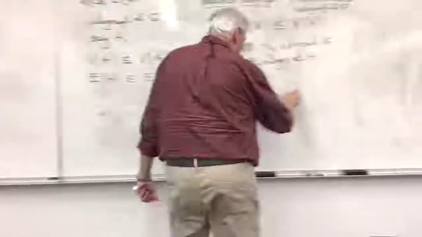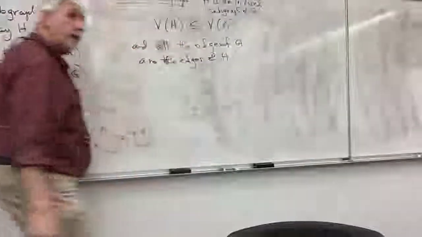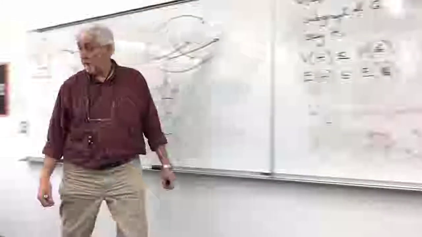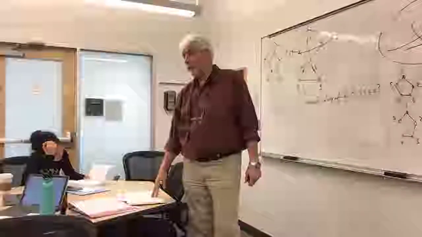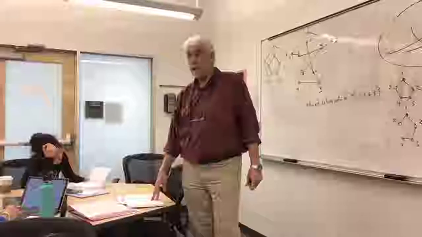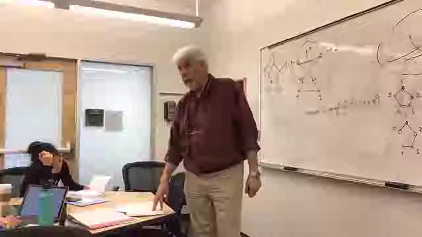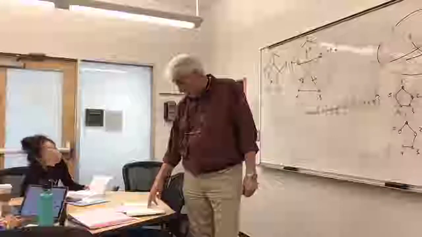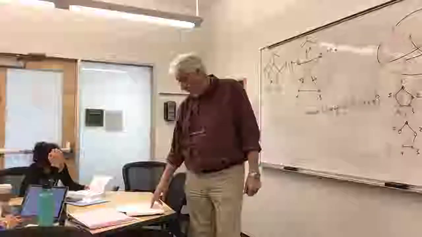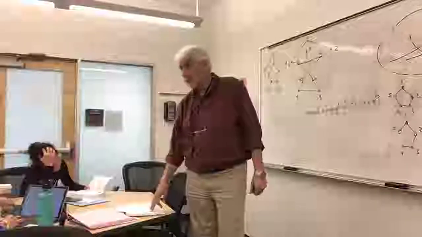It looks like this. But H1 doesn't look like that. Is that right? I don't believe there's an edge from Z to A. If I had the edge from Z to A, then in fact all of the 6 edges in H1 would be contained in G, and H1 would be a subgraph of G.